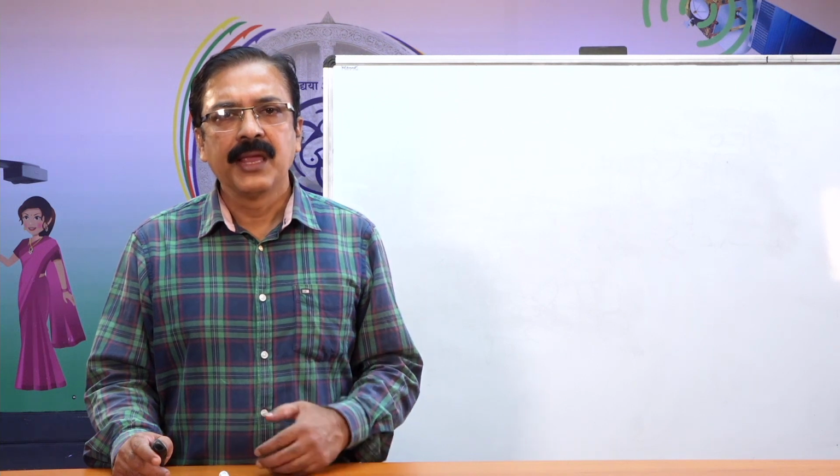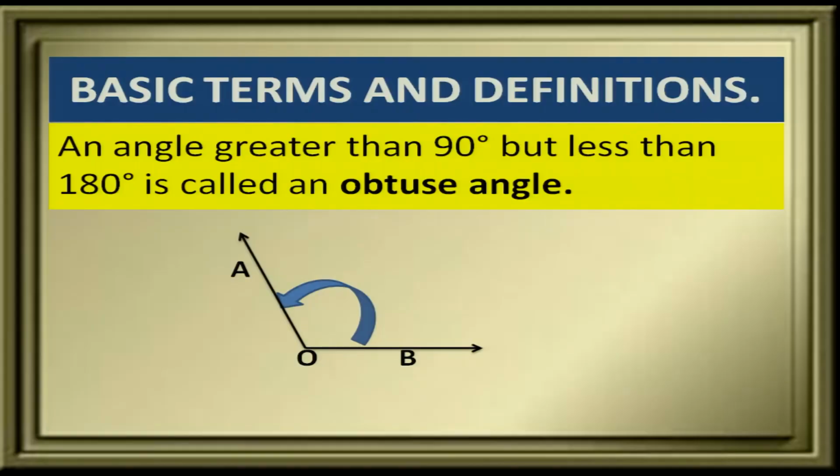And if the measure of an angle exceeds 90 degrees, what is it called? An angle greater than 90 degrees but less than 180 degrees is called an obtuse angle. Here BOA or AOB is an obtuse angle because the rotation has exceeded 90 degrees.